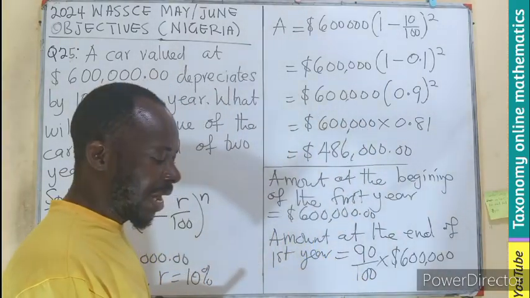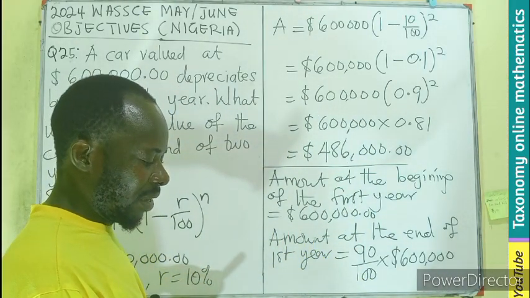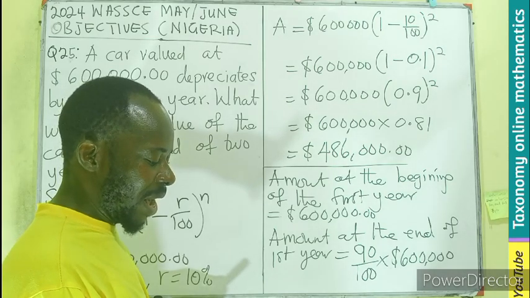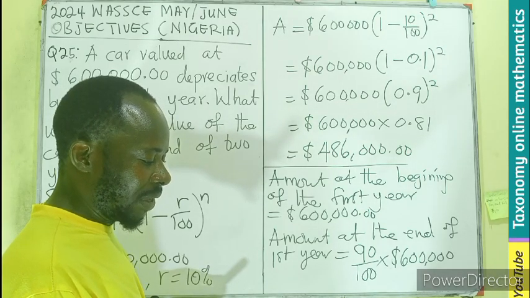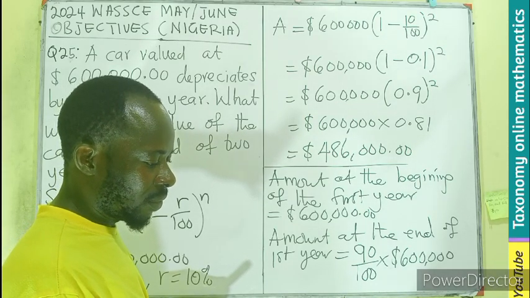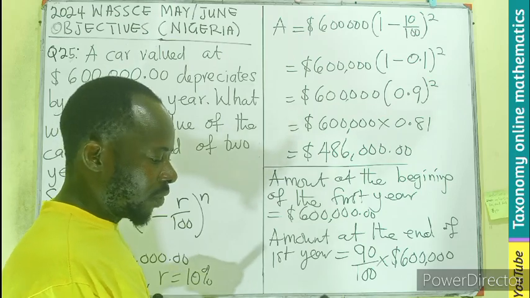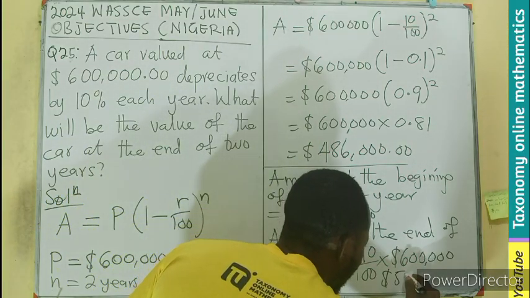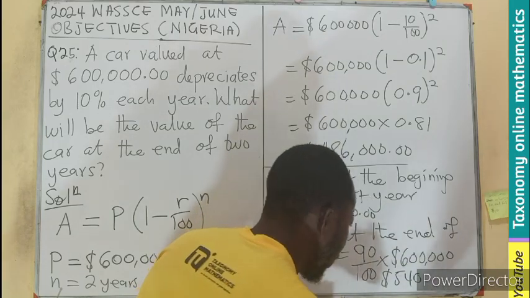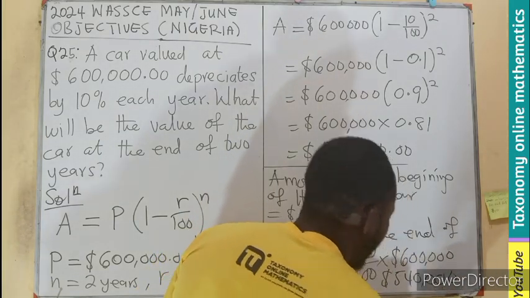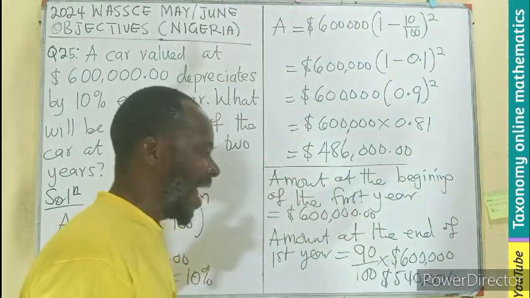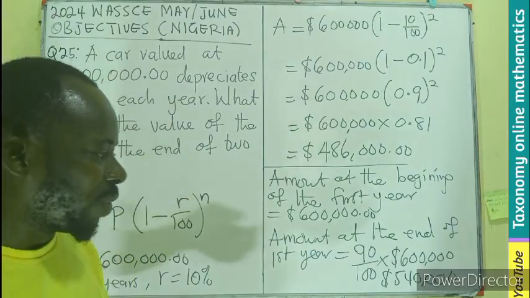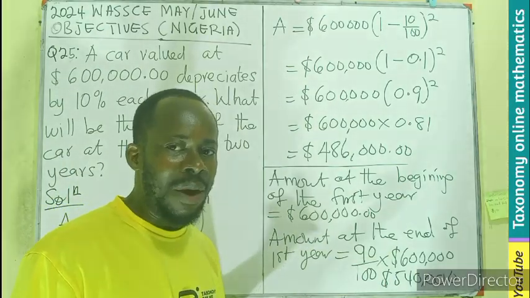That is 90 divided by 100 times 600,000, which gives us 540,000, which means the new price at the end of the first year is 540,000.